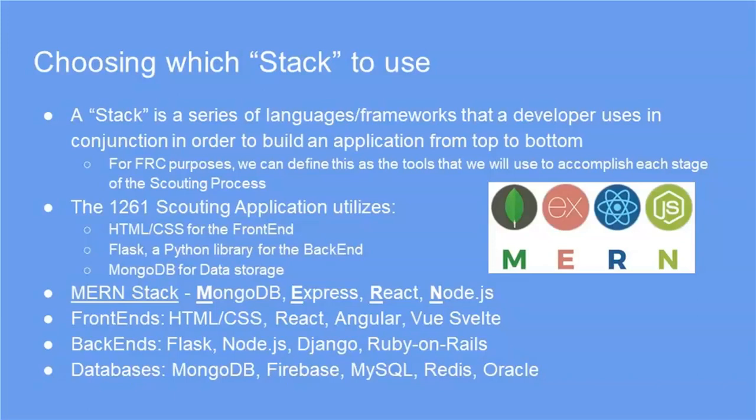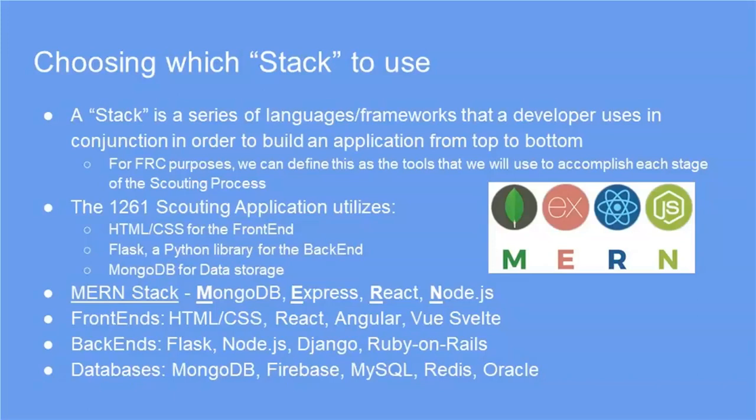So listed on the slide, there are multiple options for things that you can use, and these are more geared towards the web application option from the previous slide. However, I do know that MongoDB can also be used for iOS and Android applications, so there's a bit of play with that. So a personal recommendation would actually be to learn the MERN stack.